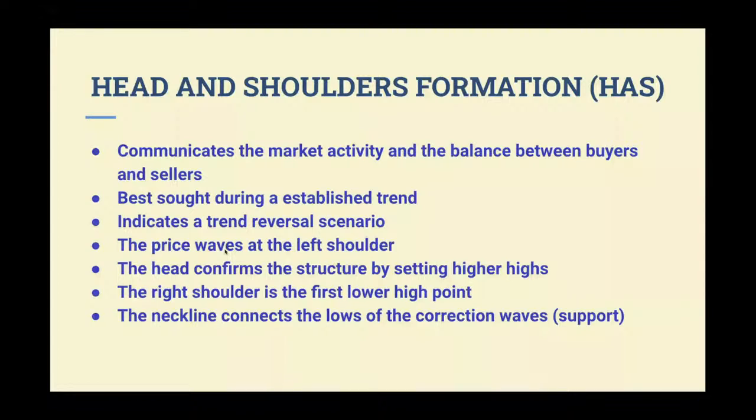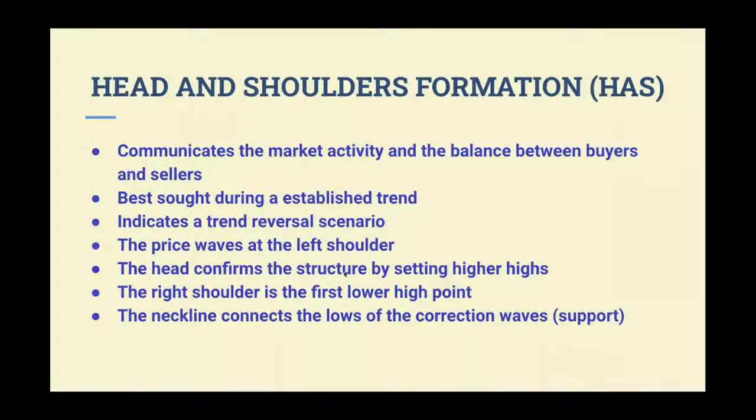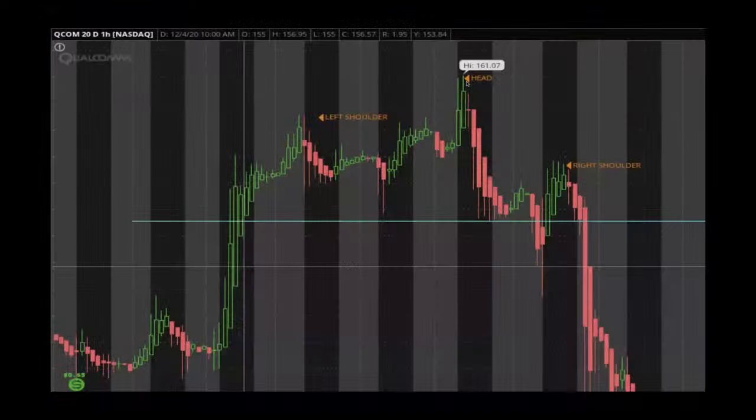It's also a reversal, that's another requirement. So you see an uptrend, and then it's reversing to a downtrend. So we've got the left shoulder, a high to a wave, a reversal pattern. Then we have the head that confirms the structure by setting a higher high. So that's the head, the third requirement here.